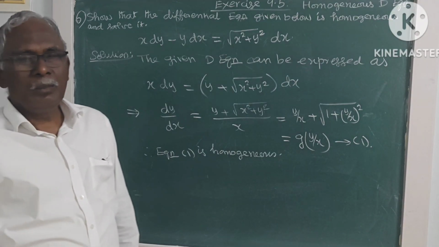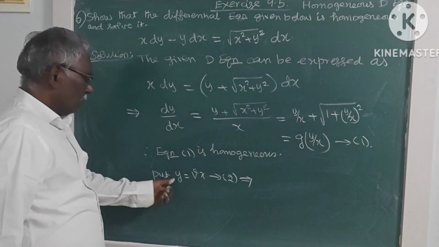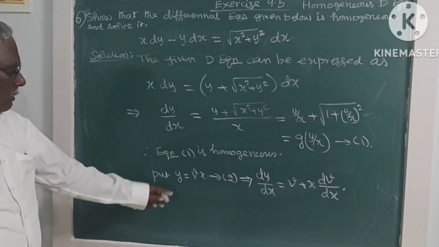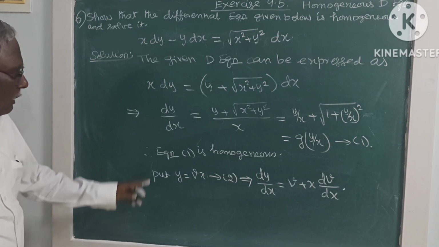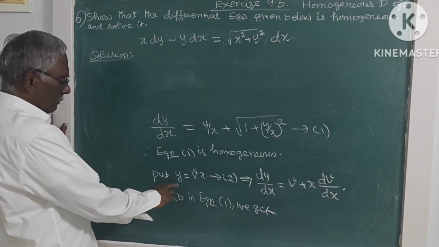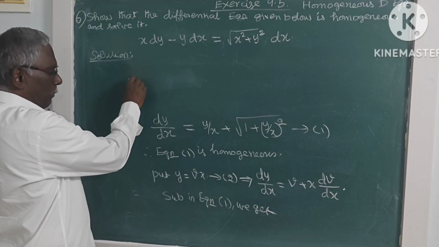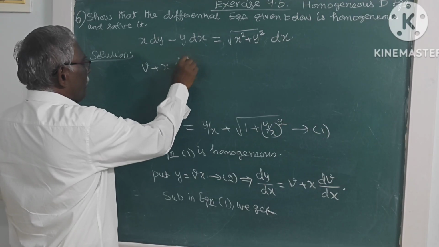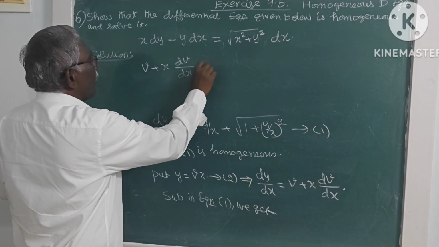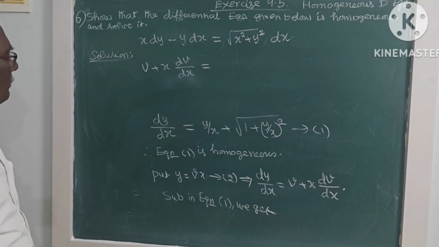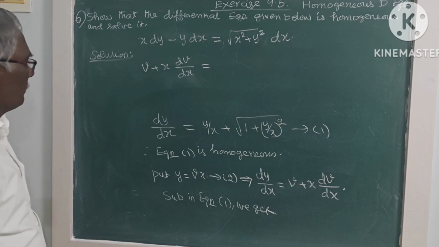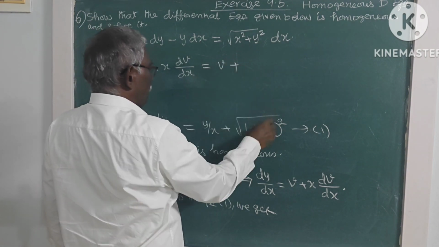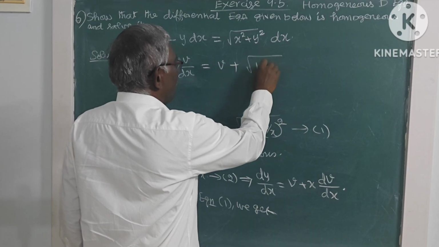What we have to do now? Put y as vx, and differentiate with respect to x. Substitute this in equation 1, we get, y by x is v plus square root of 1 plus v square.